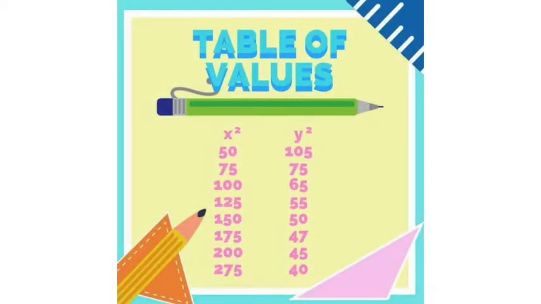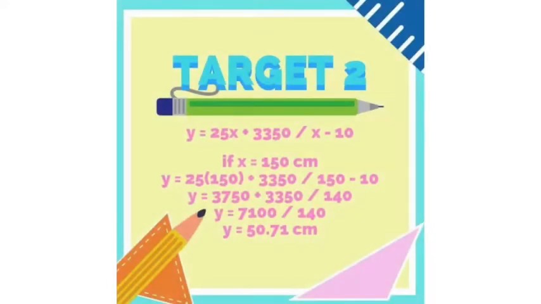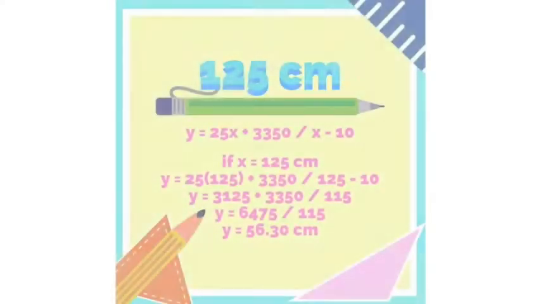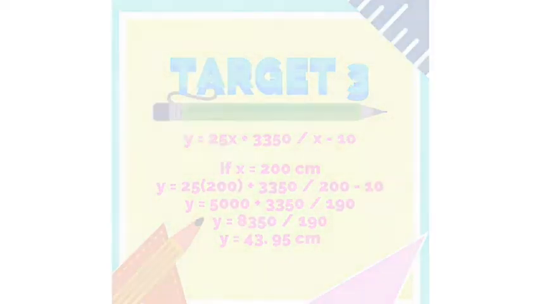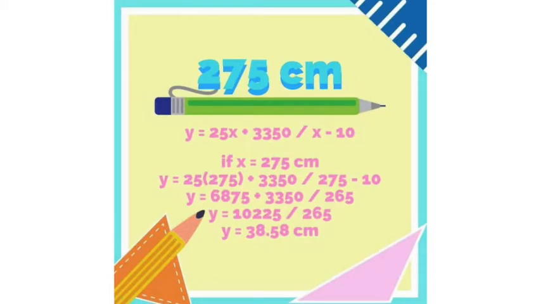So by using different targets, we come up to different set of values. The values for X, which is the distance from the wall to the laser pointer, and Y, which is the distance of reflection to the wall, gave us different sets like 100 cm and 65 cm, 150 cm and 50 cm, 75 cm and 75 cm, 125 cm and 55 cm, 200 cm and 45 cm, 50 cm and 105 cm, 175 cm and 47 cm, 275 cm and 40 cm.